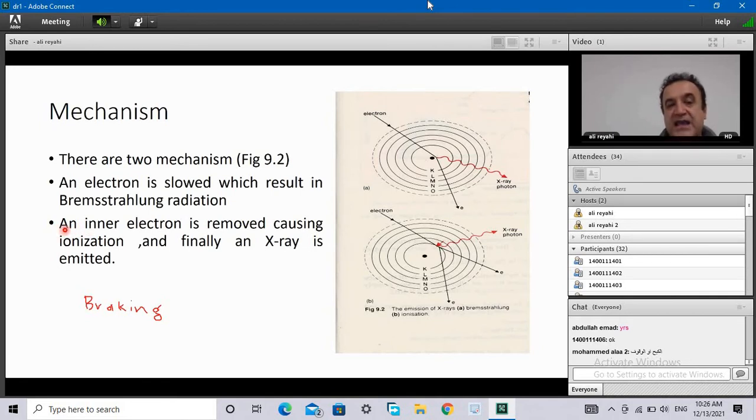So an inner electron is removed, causing ionization. This atom now is ionized. What does ionization mean? Ionization means when an atom loses its electron and then becomes positive. And finally, an X-ray is emitted. How? Because here we don't have an electron, and this empty space is filled by an outer electron to this layer.